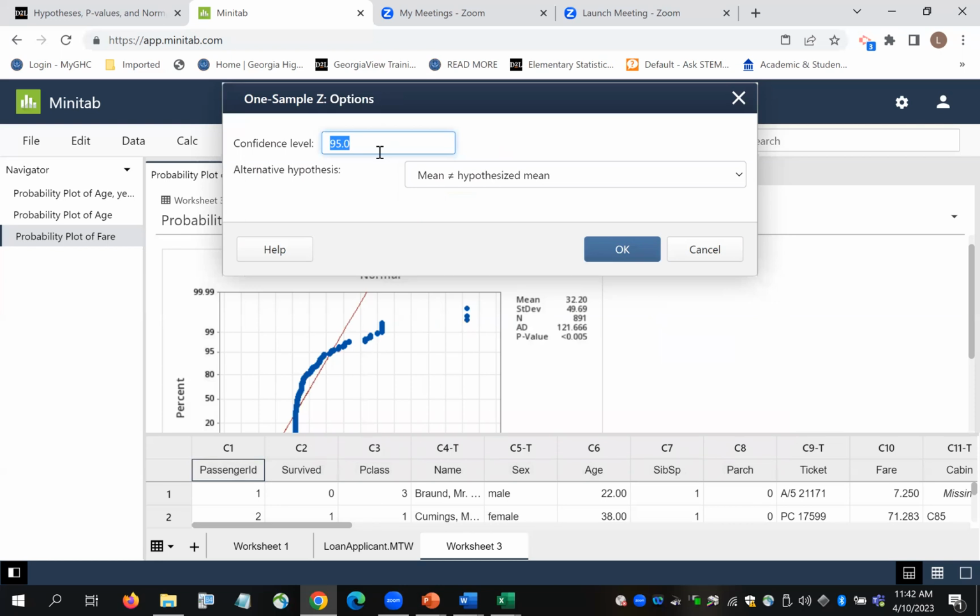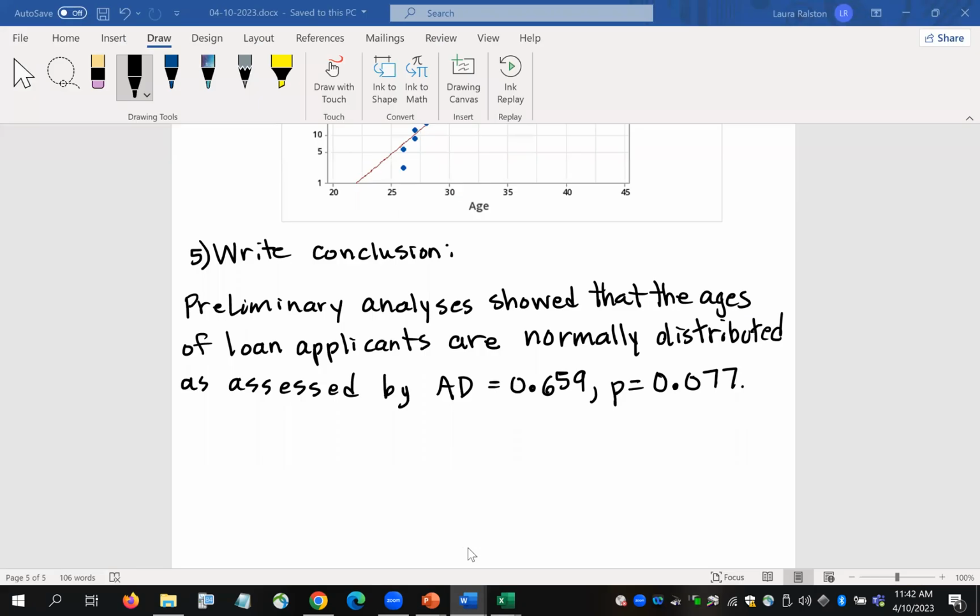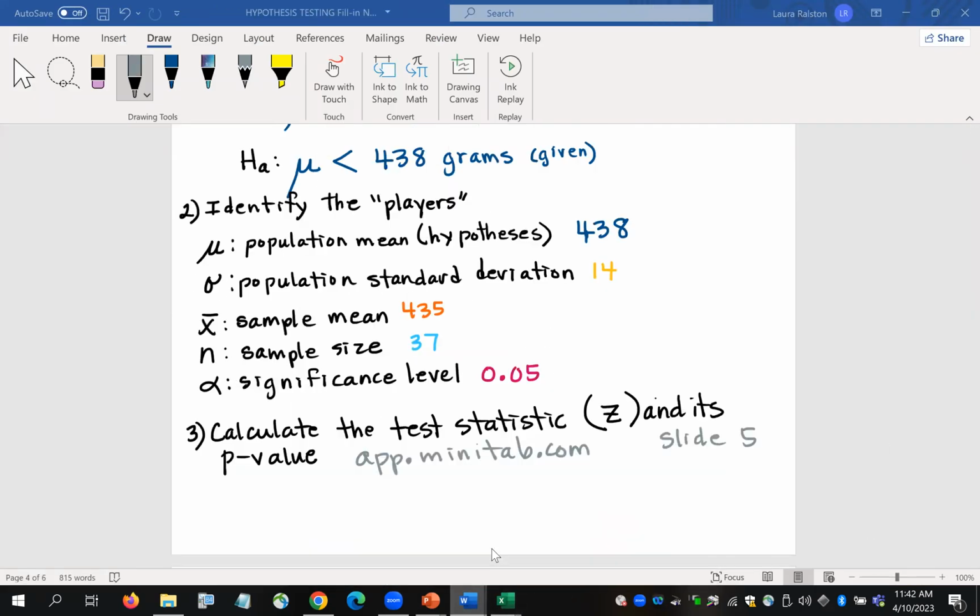The confidence level then is 95%. Minitab wants you to use the confidence level. So if my significance level is 0.05, that means my confidence level is 95%. Remember, they have to total to 100 or 1.